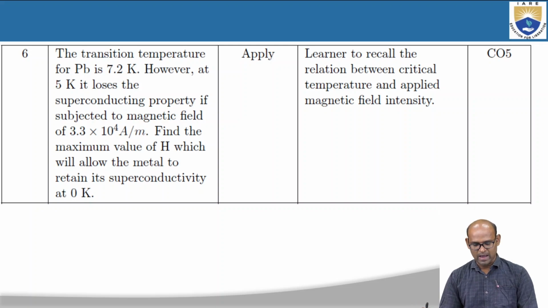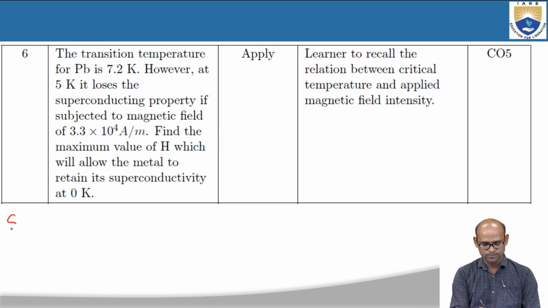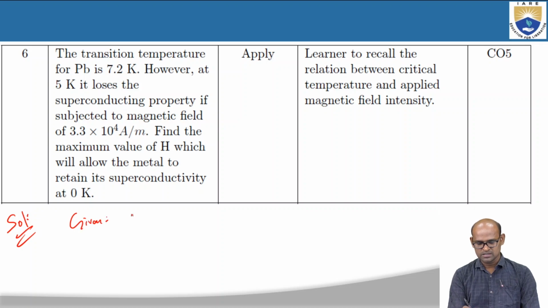So we need to find the maximum value of H. Given the transition temperature Tc, which is 7.2 Kelvin, they have also given us the magnetic field Hc, which is 3.3 into 10 power 4 amperes per meter.